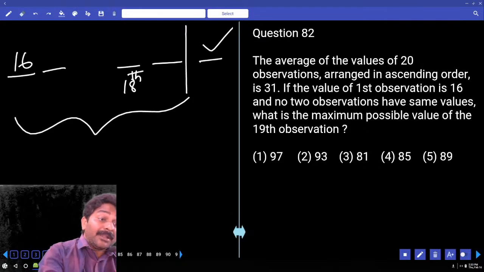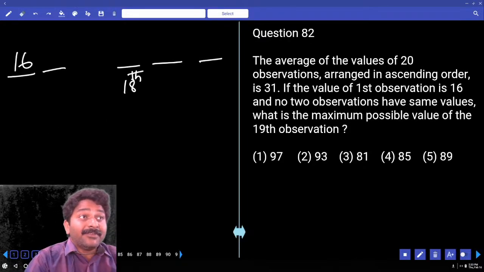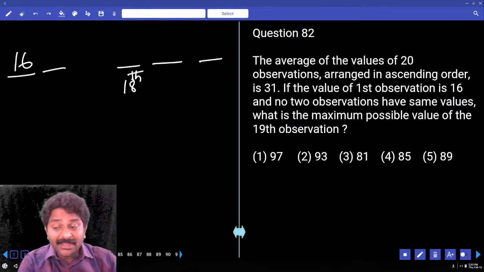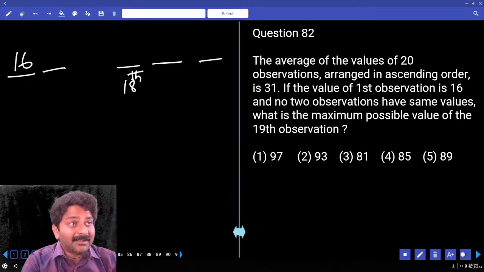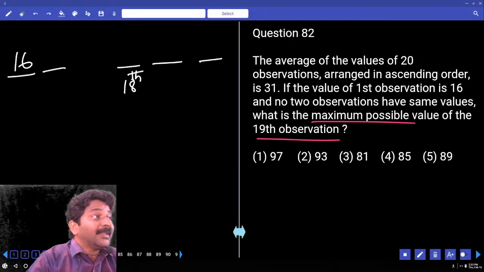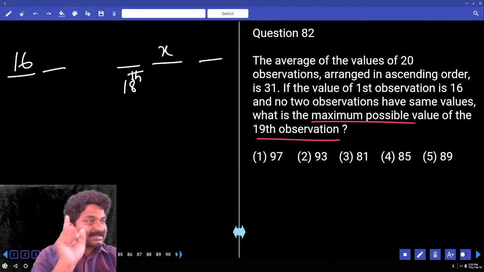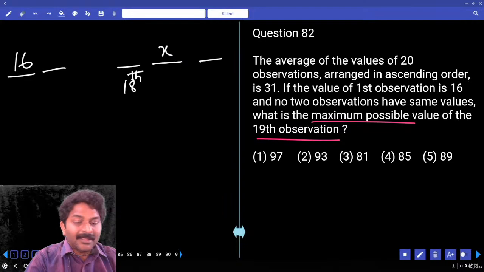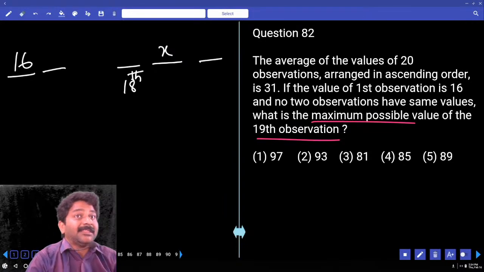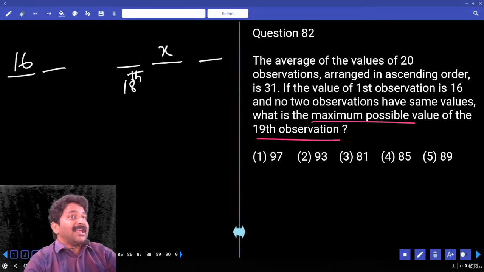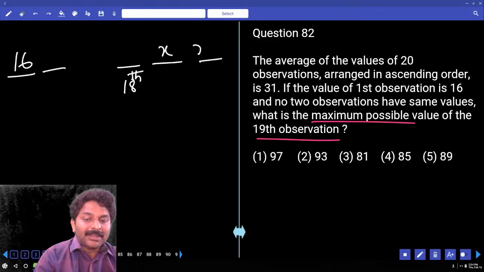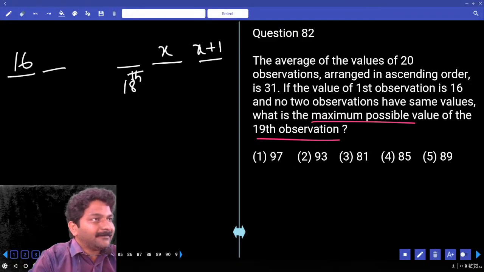But is the question about the highest value of the 20th number? We want the maximum possible value for the 19th, let it be x. The 20th number must definitely be more than that, and it should be given as little as possible. Agreed? The least possible value is x plus 1.